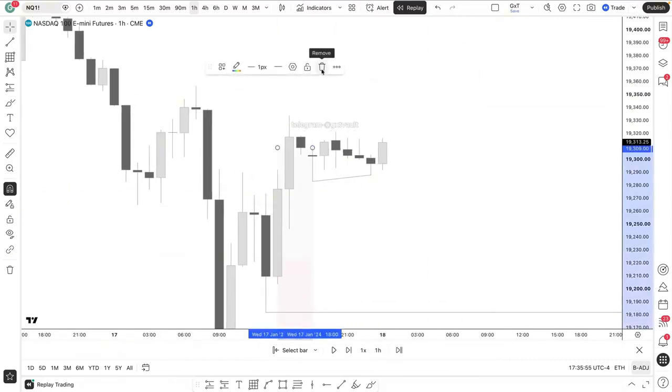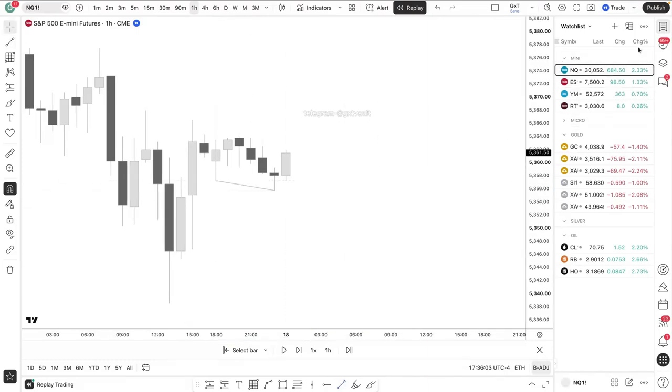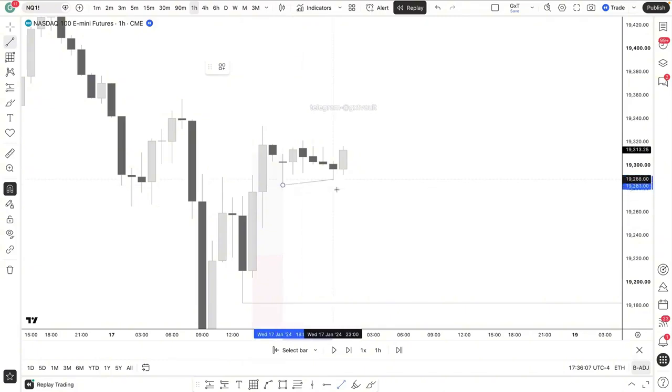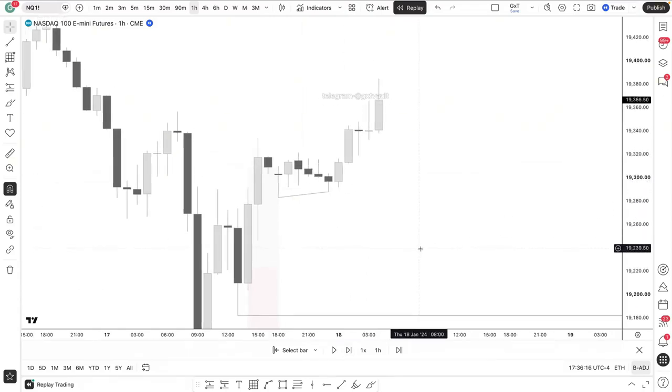So this is perfectly respecting, creating a small wick on the daily time frame. Let's go ahead and look at ES really quick. As you can see, ES takes that low. Perfect, right? So that can be our established low of the day. And if you play price forward, price expands as this is capping off the protraction phase of that daily candle.